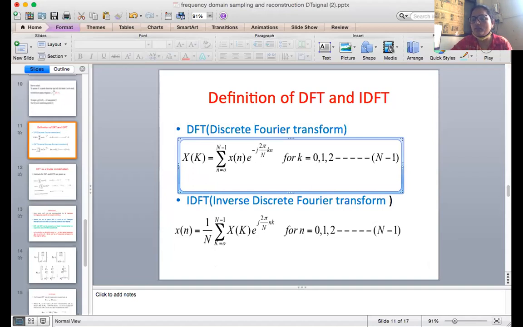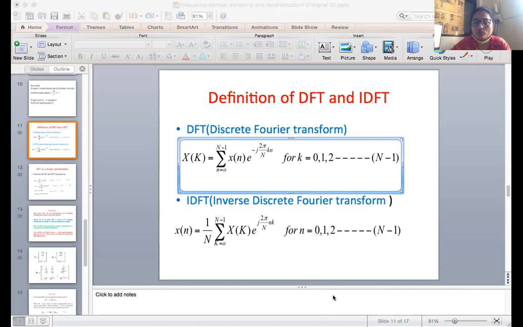So this is my formula. Now I can use this formula for conversion of an input discrete finite duration signal into the frequency domain in order to perform frequency analysis. We'll see one by one how we can convert this into the frequency domain, and we'll solve problems based on that.